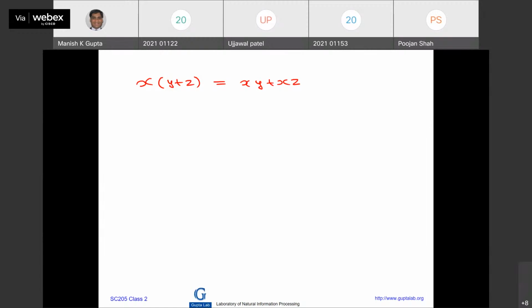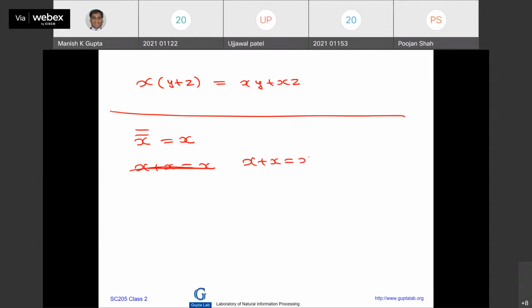So there are certain properties which are known as Boolean identities. I'm just going to talk about it. X complement complement is X, known as law of double complement. X plus X is equal to X. Idempotent law.